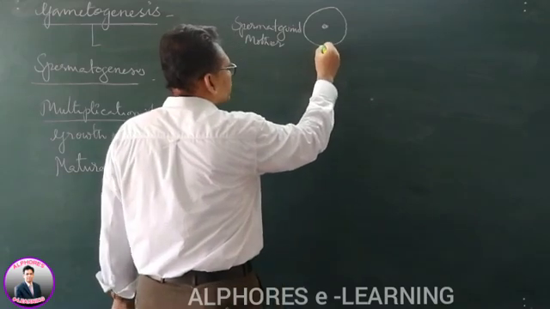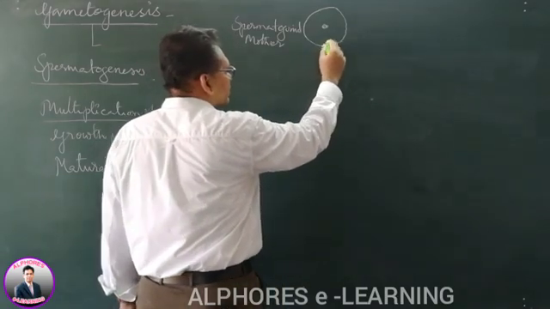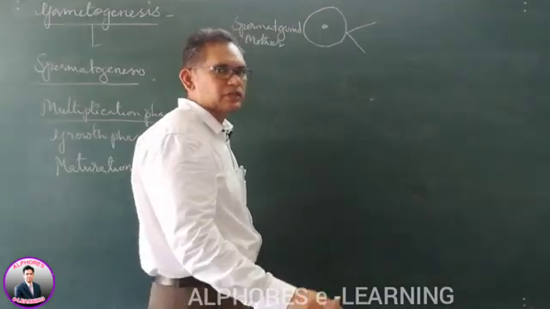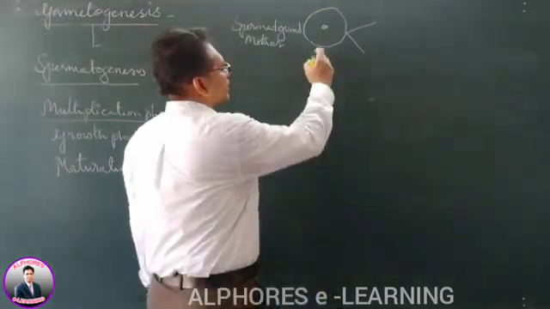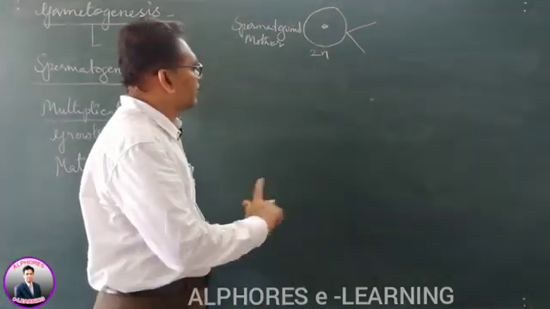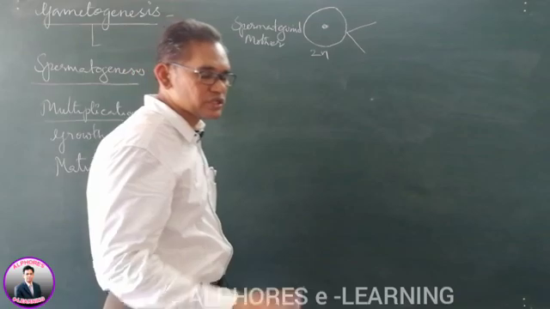By division it produces two types of cells.